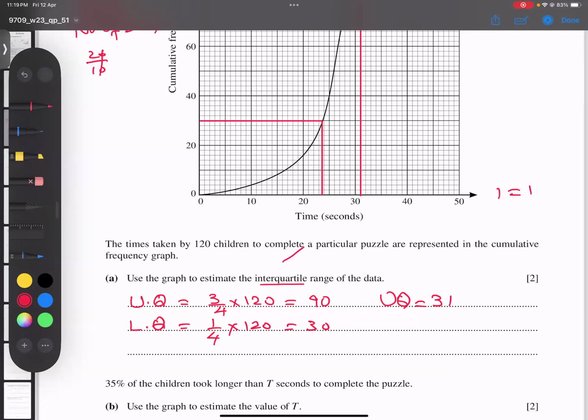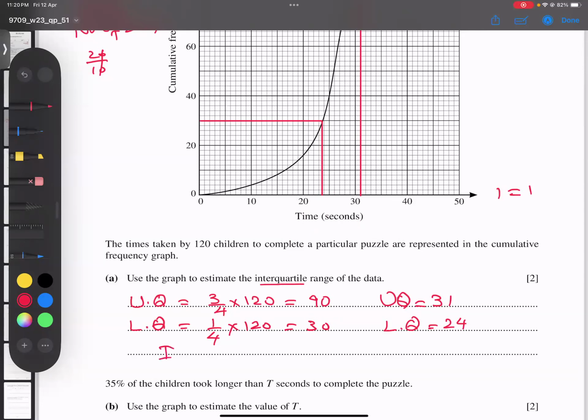If you look carefully, it is not exactly a whole number. It is about 23.5, but close to 24. So I can take the lower quartile as 24. It is slightly less than 24, but we have rounded.